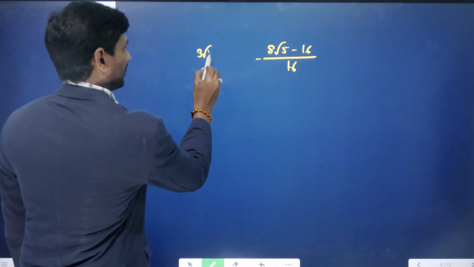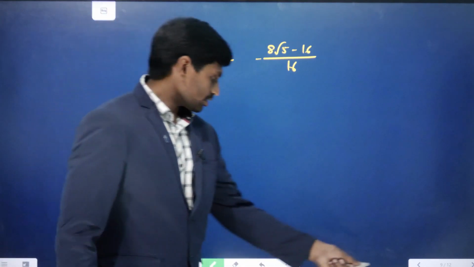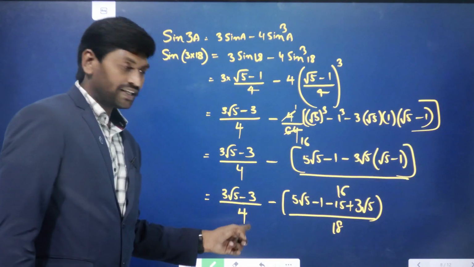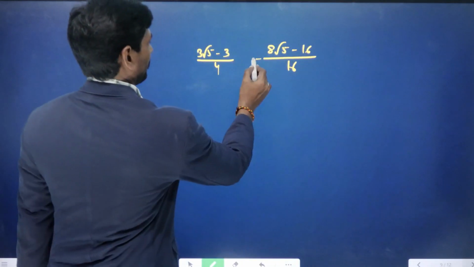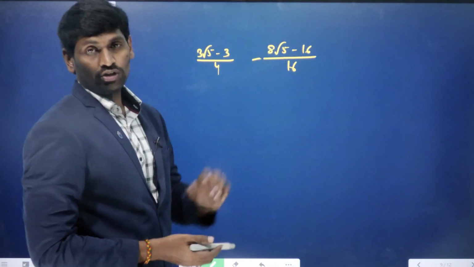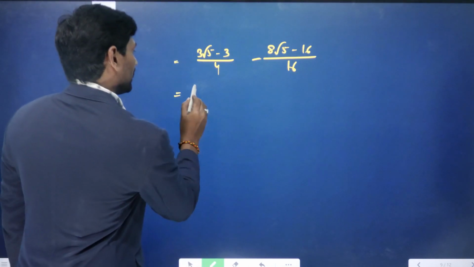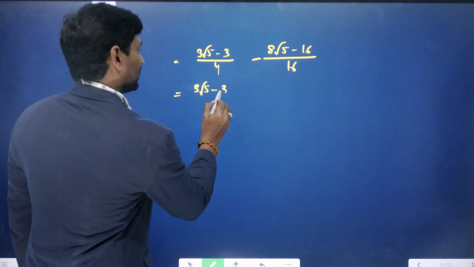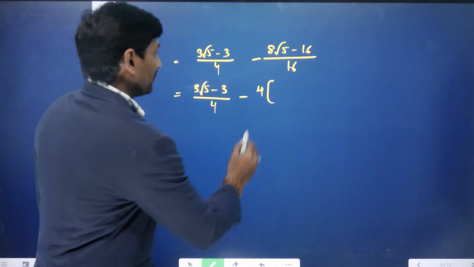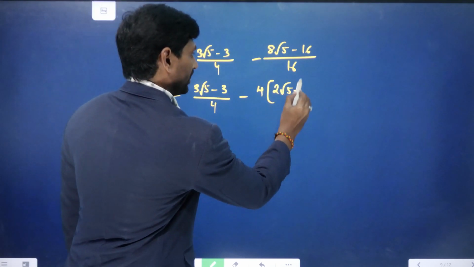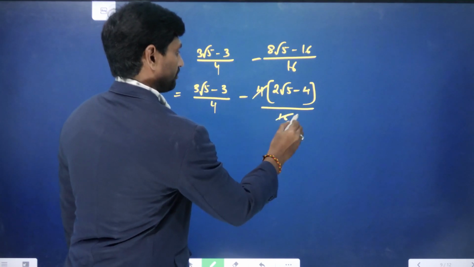Starting we have 3 root 5 minus 3 by 4. Am I right? What is the starting step here? 3 root 5 minus 3 by 4. This one we simplified, with the middle minus symbol. Numerator and denominator can be cancelled in the 4 table, 4 fours. So this one I am going to write as 3 root 5 minus 3 by 4. Here if you take 4 common, this will be 2 root 5, and here 4 divided by 16, 4 times cancel.